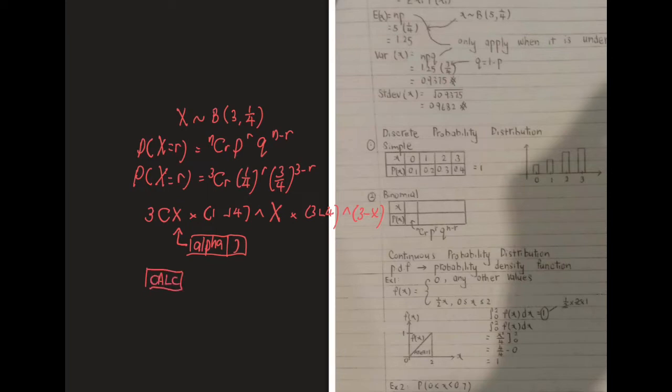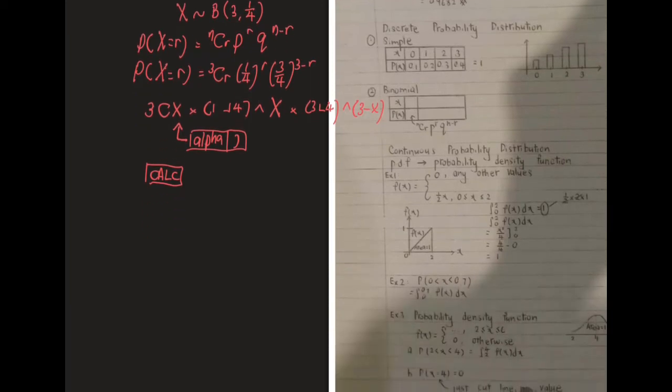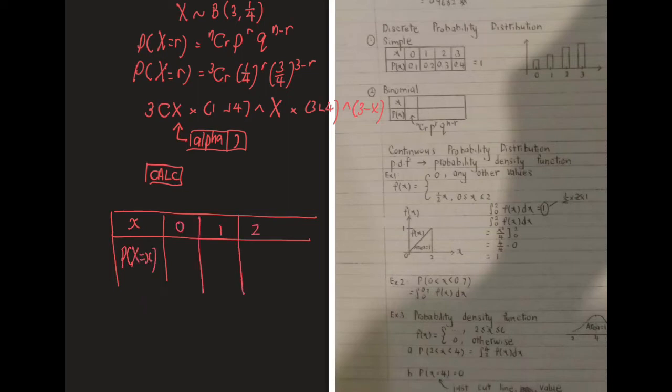So when you press calculate, they will ask you the x value, so you just key in from 0 to 3, one by one. So at the same time I build the table. X, probability, 0, 1, 2, 3.